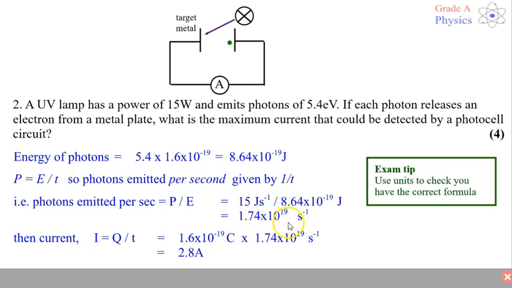So I can use this number here, even though this is photons per second, this is also going to be electrons per second. And if I multiply these two numbers together, then I'll get coulombs per second, which is amps. I'll also get a sensible number of current. 2.8 sounds about right.